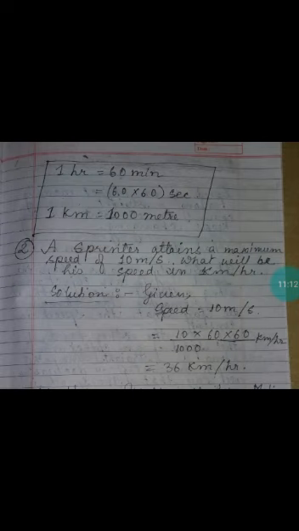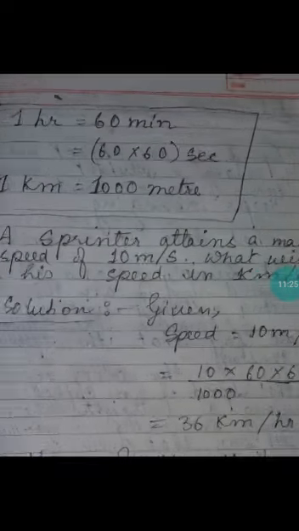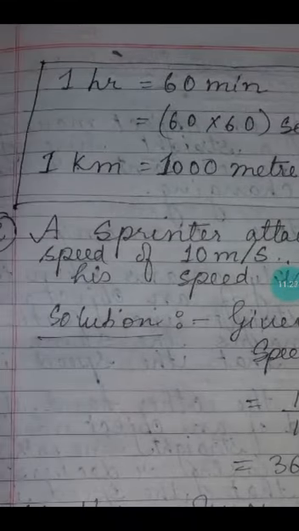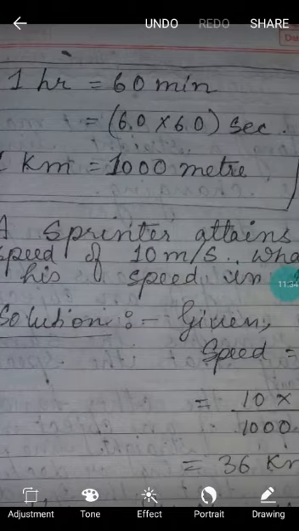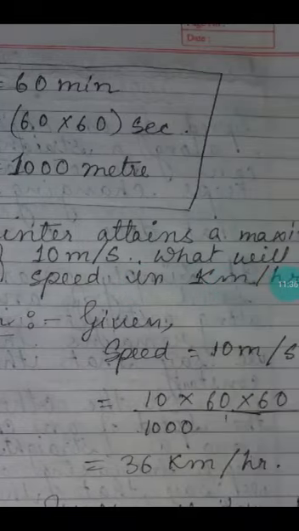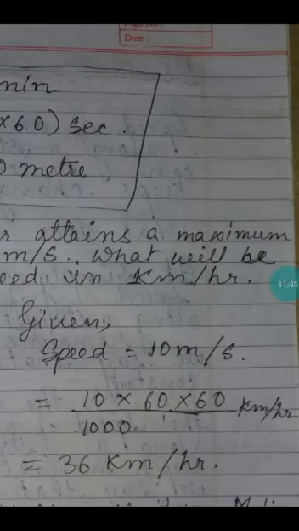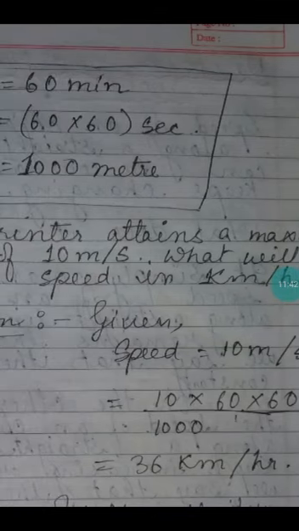So 1 meter means how many kilometer? 1 meter means 1 divided by 1000 kilometer, right? See here, 1 kilometer means 1000 meter, then 1 meter means 1 divided by 1000 kilometer, right? So here 10 divided by 1000 gives us the meter into kilometer.